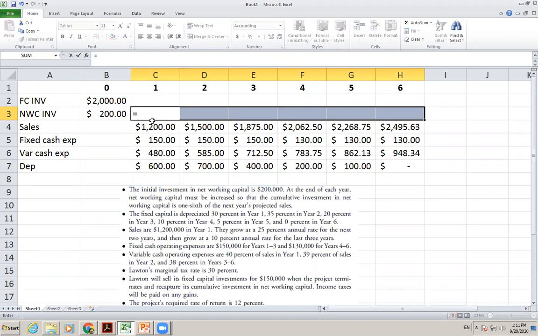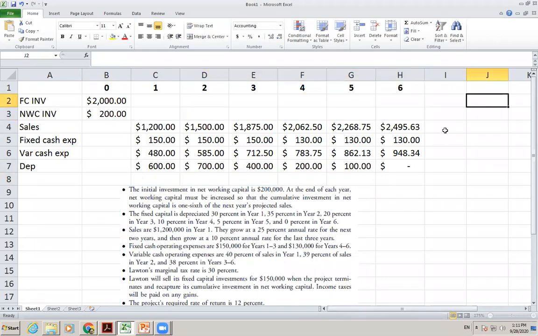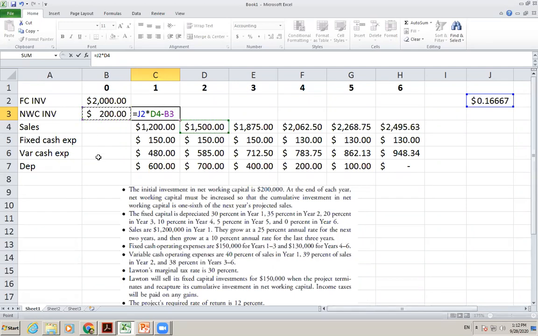So 1/6 times next projected cash flow, and as it's cumulative, we should subtract for the current year the remaining net working capital, which is 200 minus 200, which is 50.